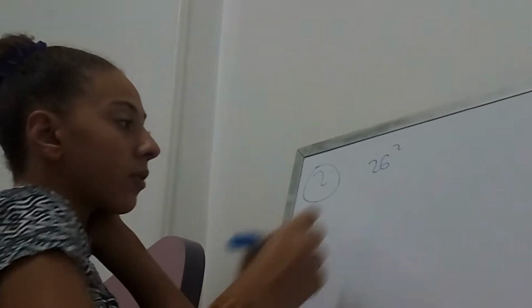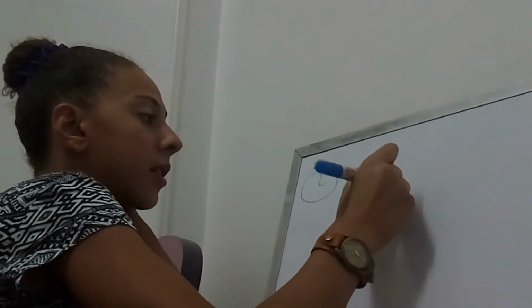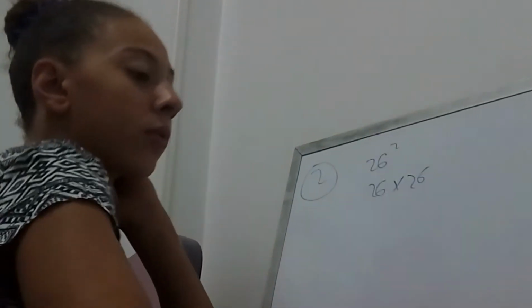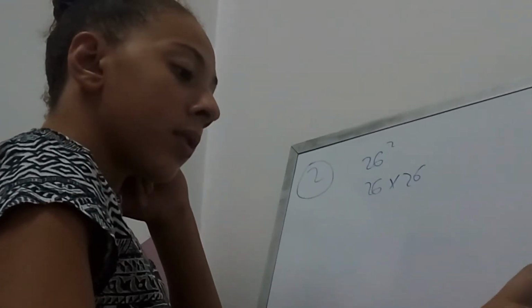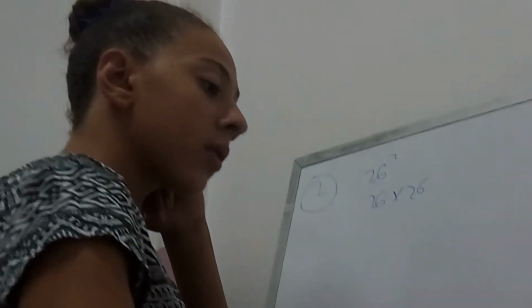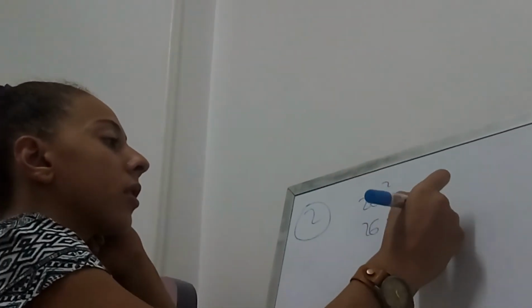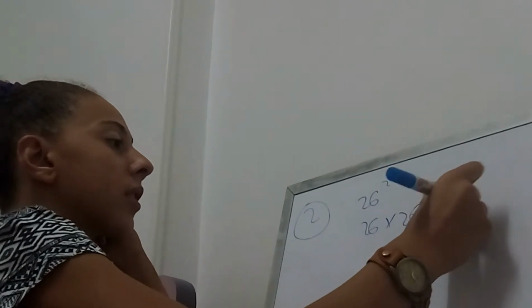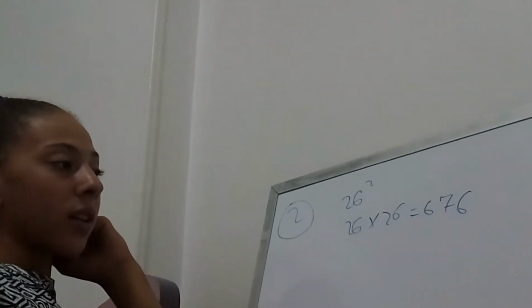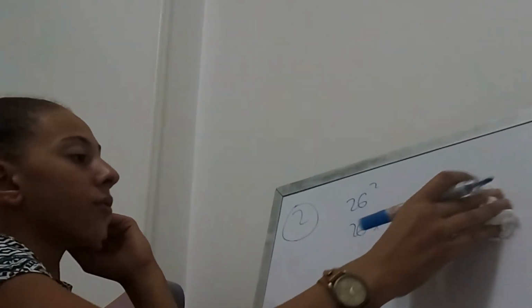How will we solve this? We'll do 26 times 26, which is going to be 676. It's so easy. We don't need another example.